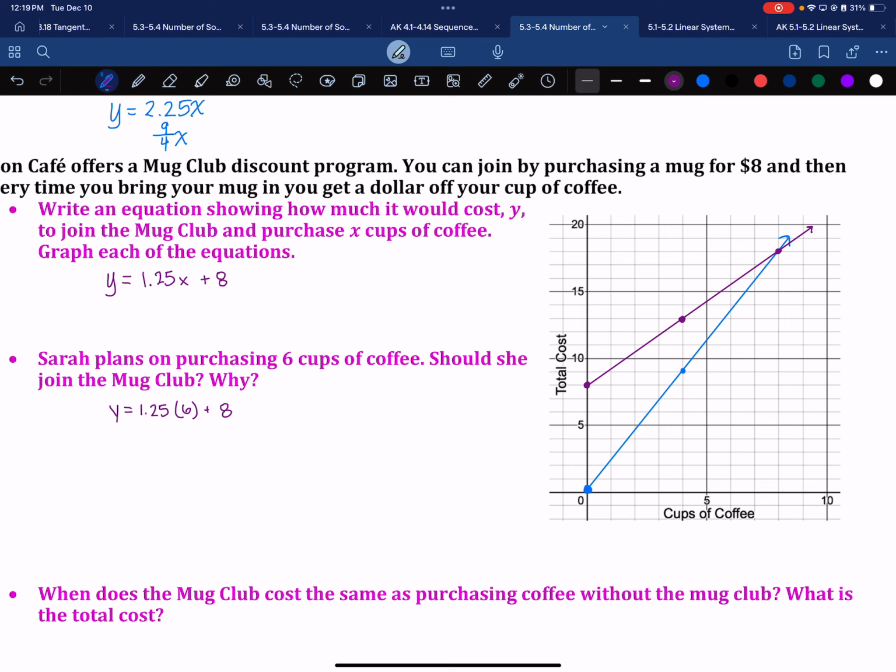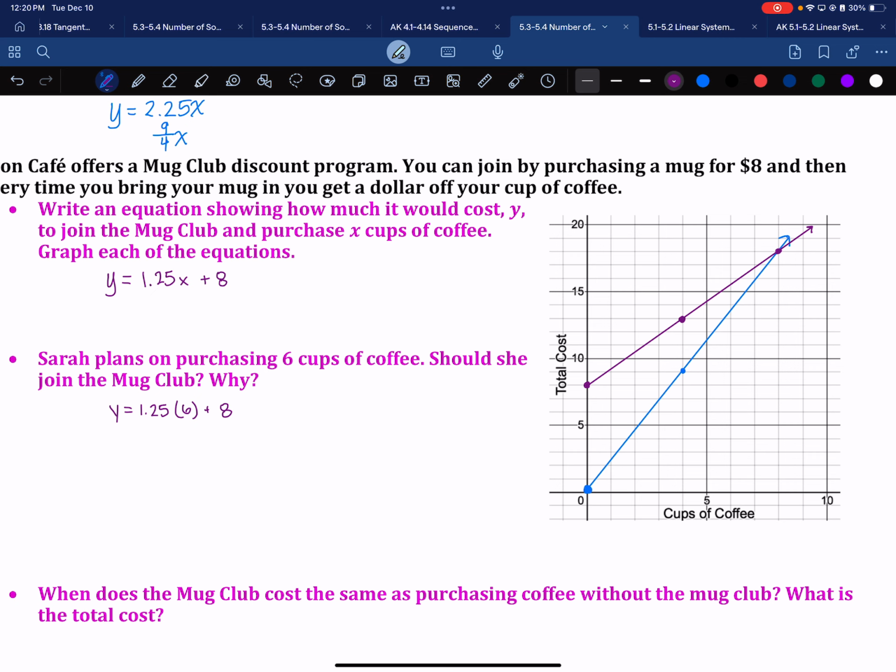Do I need to know what the amount was? No. All I want to know is whether I should buy the mug club if I'm only going to get 6 cups of coffee. The answer is no. Algebraically, you would have got the same thing, no problem with it, but if the graph isn't asking you to do extra math, you don't have to do extra math, right?